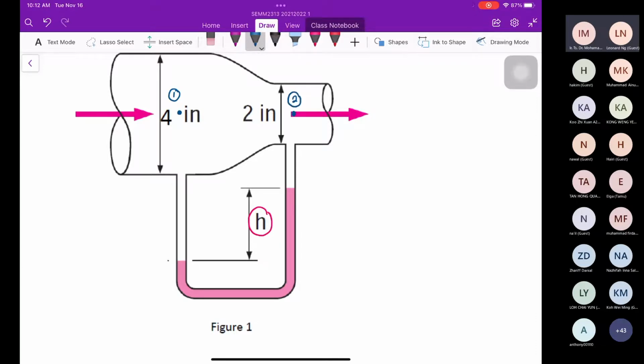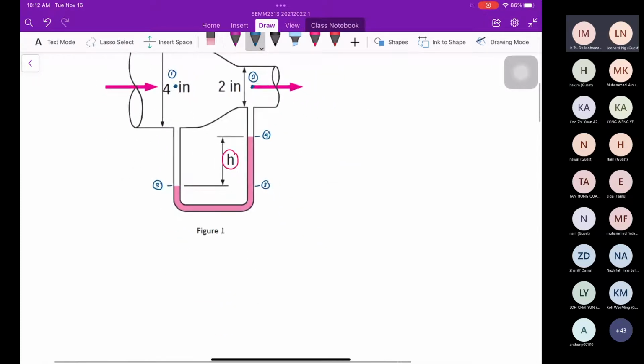Then this one is point 3, and this one is point 4. This level is the same as point 3. So I want to start the Bernoulli equation from point 1 to point 2.